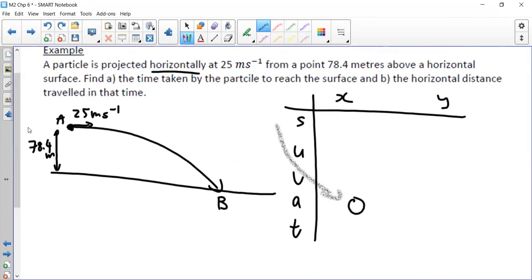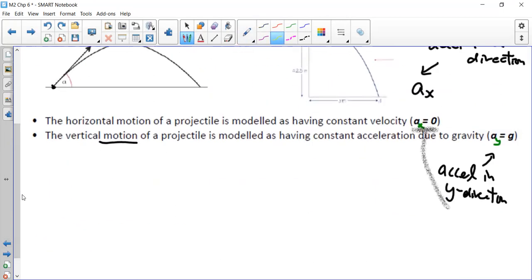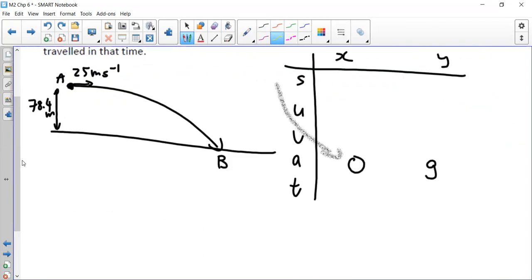How about a_y? Acceleration in y is gravity, it's dropping, so it's positive 9.8, so it's g. Again, you can use a pencil or whatever color pen you want to refer to it. So it's this a_y equals g.